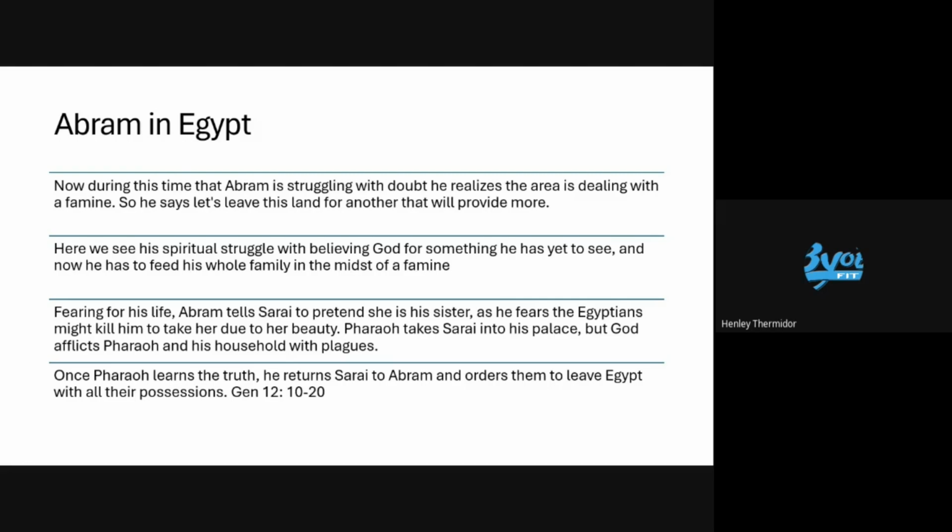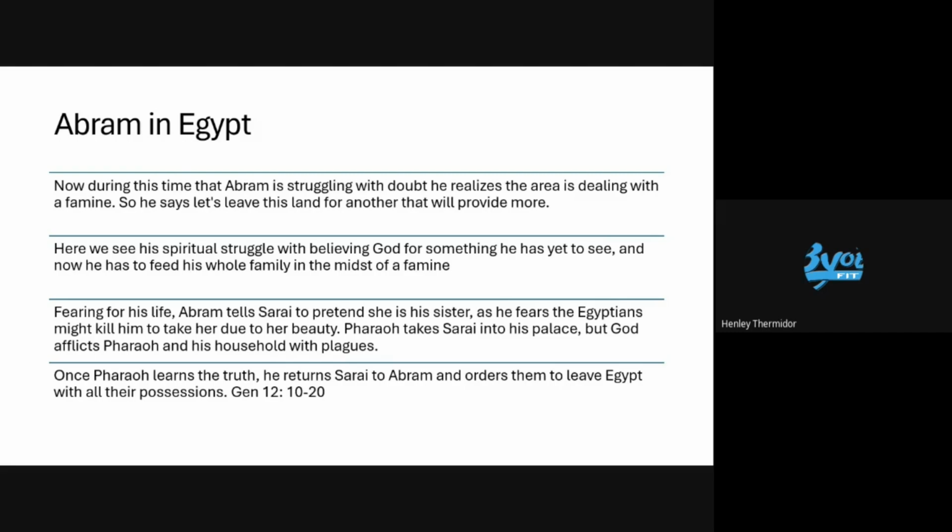While Abram takes Sarai into his palace, Pharaoh takes her, and he starts to realize that there are plagues in his household. They're getting sick, they're dying out, and he's talking to his magicians, and he's like, "What's going on?" And they're like, "Her." Once he realizes, he has this dream from God, mind you, this is Genesis 12 verses 10 to 20.